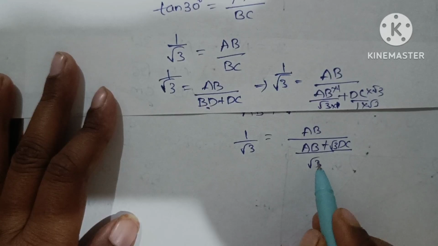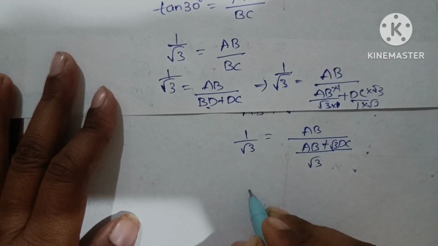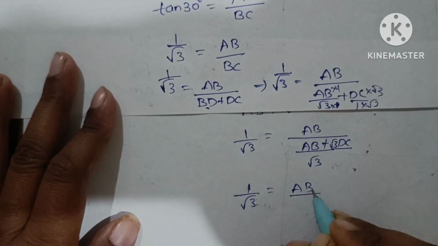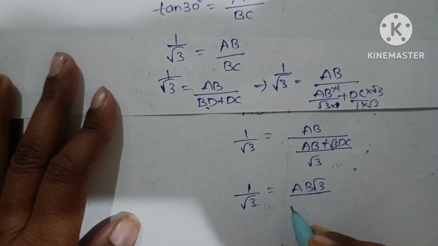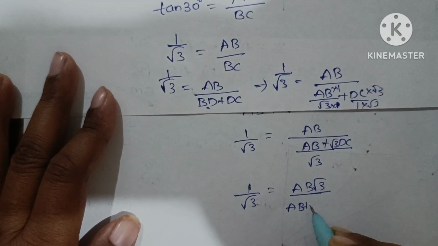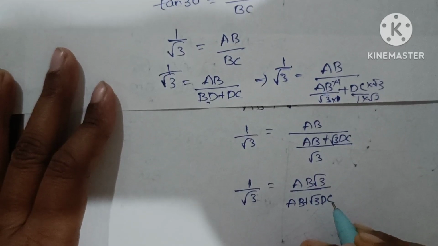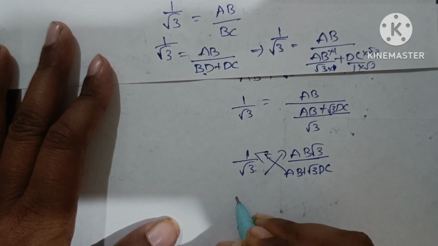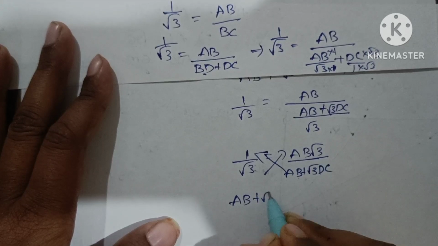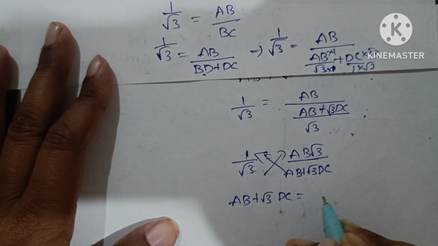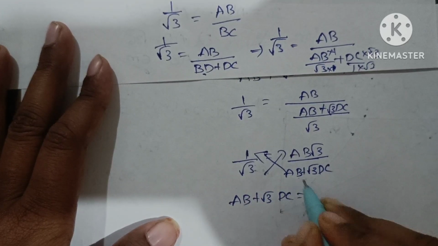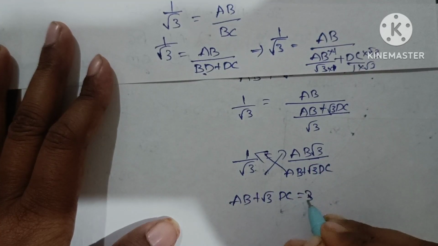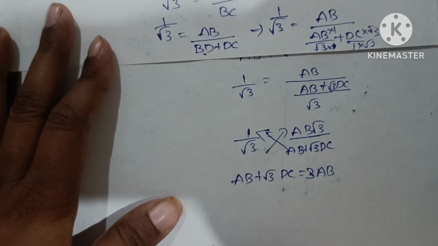Okay. Now what will you do here? Reciprocal. That means 1 by root 3 equal to AB root 3 by AB plus root 3 DC. Now what will you do? Cross multiplication. 1 into AB plus root 3 DC equal to root 3 into AB root 3. Root 3 into root 3 means how much? 3. That means 3AB.